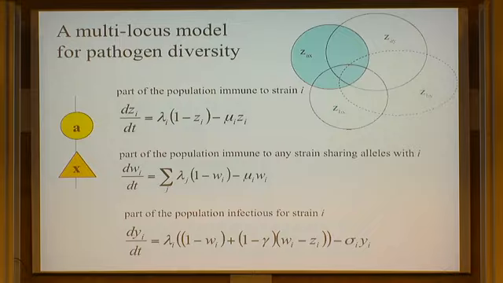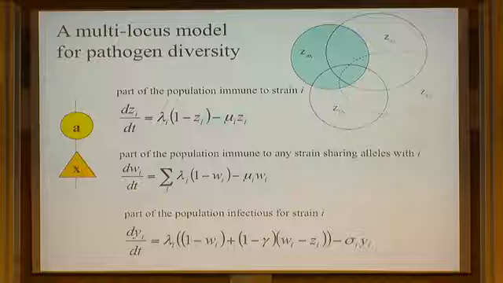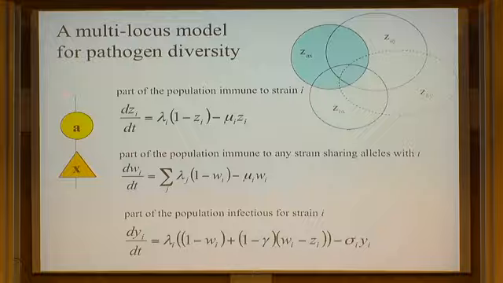This equation just describes how you get to be immune, which is by being infected by AX, and then you die, because we're assuming that immunity to the strain is lifelong. In this system, you also need to figure out what proportion of the population is immune to any other strain that might be sharing alleles with AX, in other words, people who are in ZBX or ZAY, because they share alleles with AX.